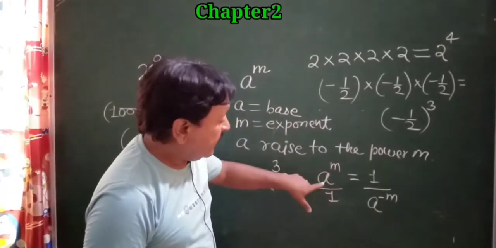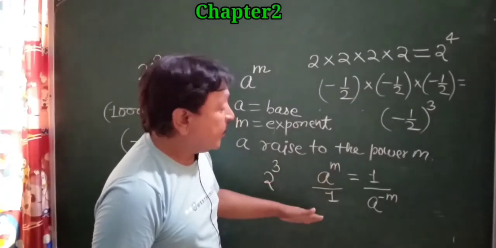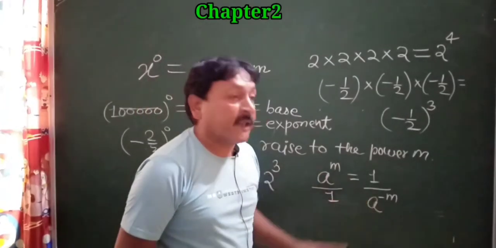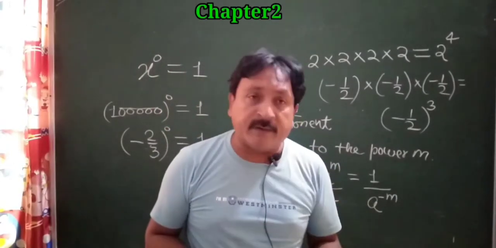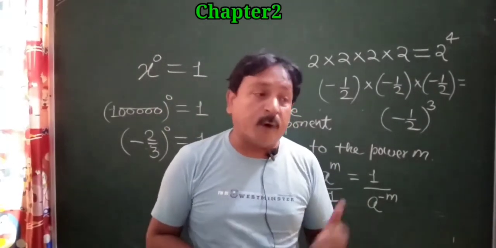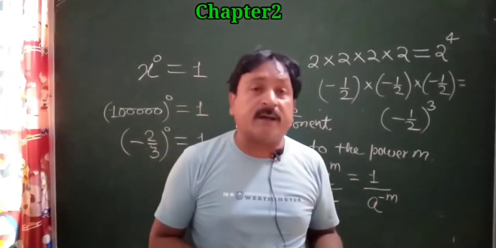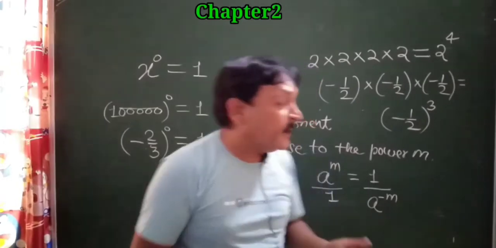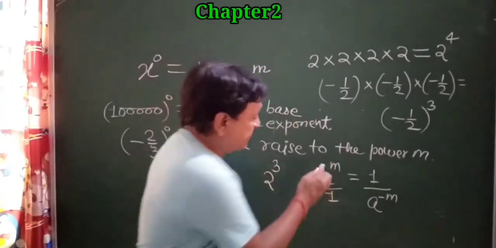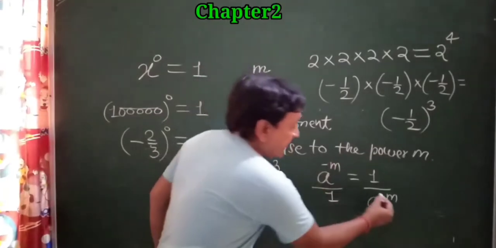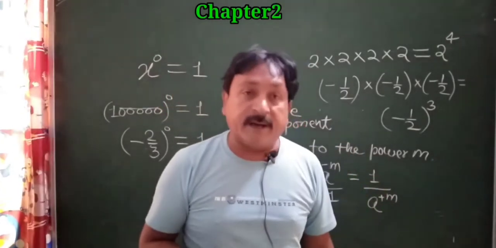Here the power of A is M, and when I send it to the denominator, its power becomes negative. It means that if there is any number raised to any power, and I want to send it from numerator to denominator or denominator to numerator, I can do so by changing the sign of its power. If it is negative, it will become positive, and if it is positive, it will become negative.